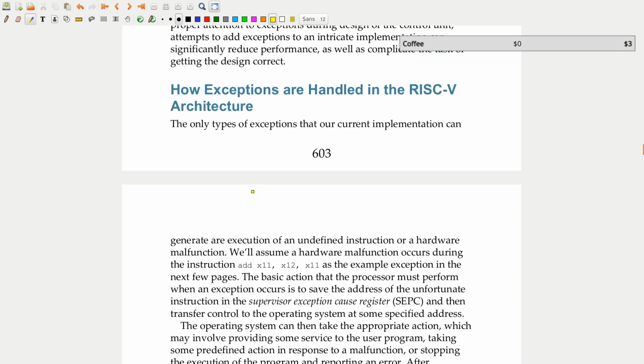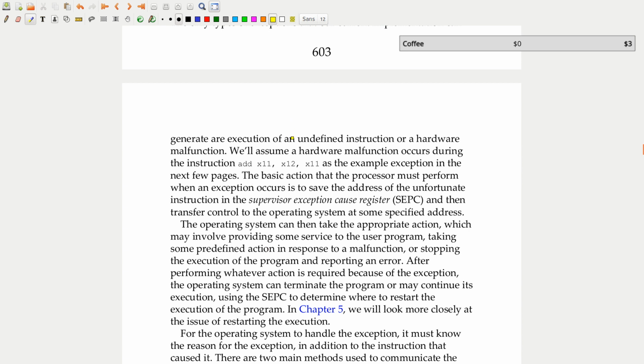Okay, so how are they handled in RISC-V? The only types of exceptions that our current implementation can generate are execution of an undefined instruction or a hardware malfunction. So we'll assume a hardware malfunction occurs during the instruction add x11 with x12 and x11, as the example exception in the next few pages.